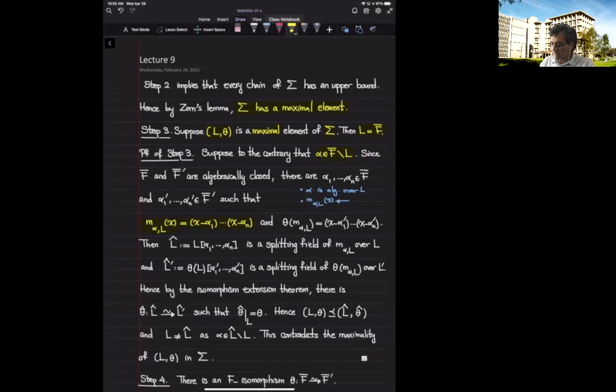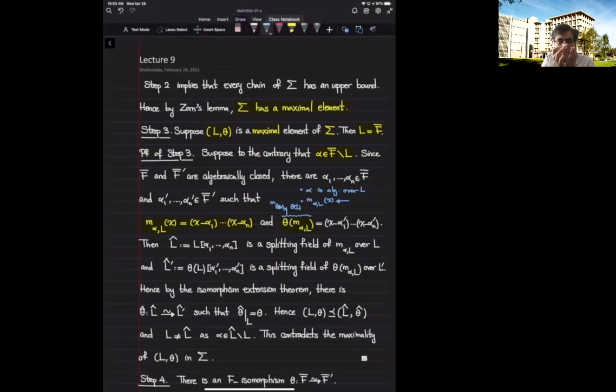I'm looking at theta of the minimal polynomial of alpha comma L, but this is the minimal polynomial of theta of alpha over theta of L. So all the coefficients of this polynomial belong to theta of L, and theta of alpha is a zero of this polynomial. Theta induces an isomorphism between L and theta of L. So theta of L is essentially L. It's a copy of L.